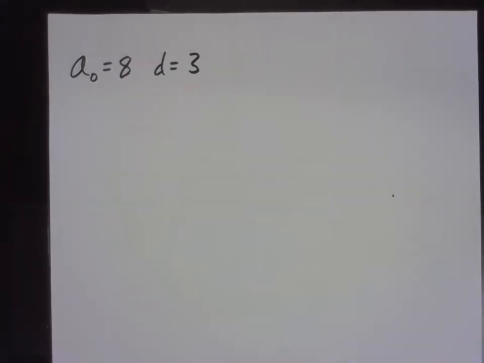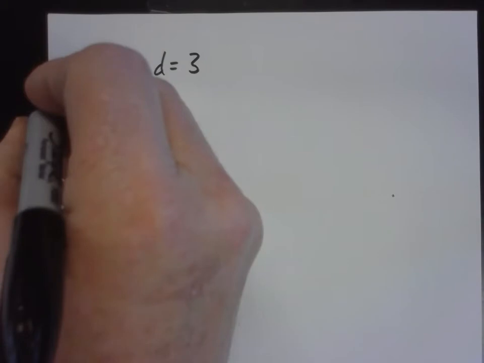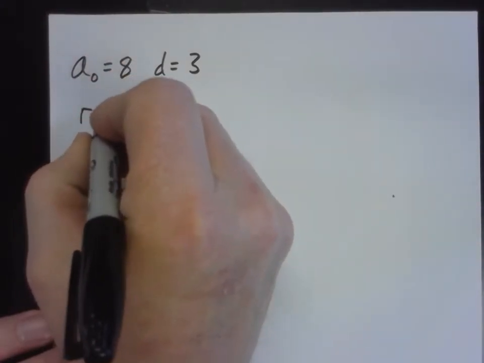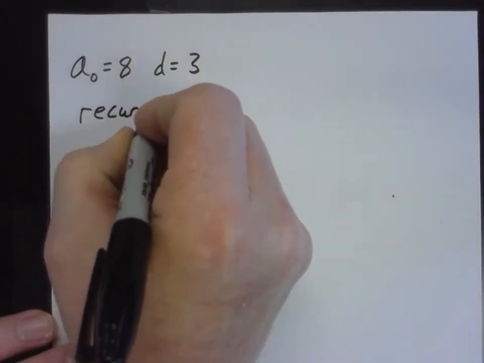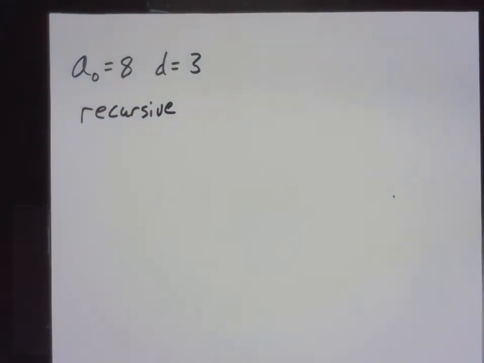Okay? So now a recursive rule, it just tells us how each one reoccurs. How does it reoccur? What's happening each time if the common difference is 3? Okay, we're adding 3.